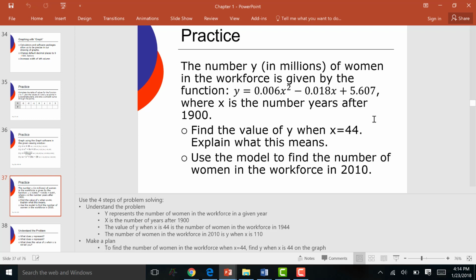All right, go back to your calculator again. And everywhere there was a 44, change it to a 110. Everywhere you had a 44, replace it with 110.